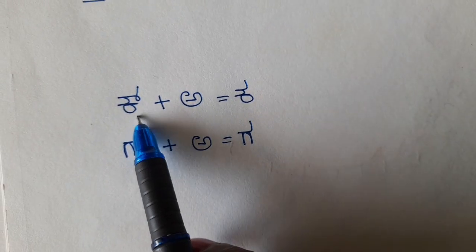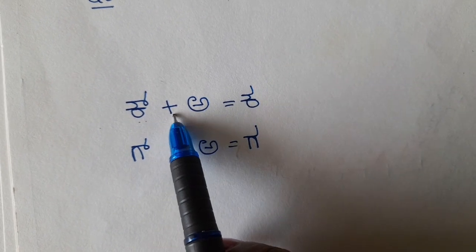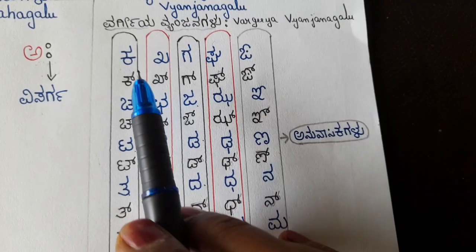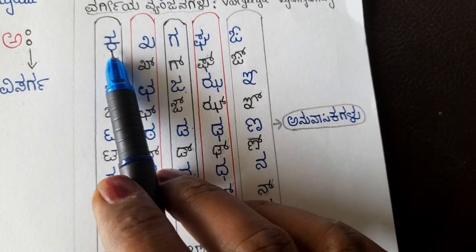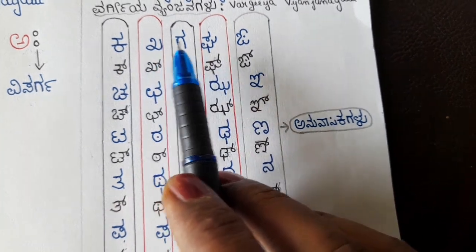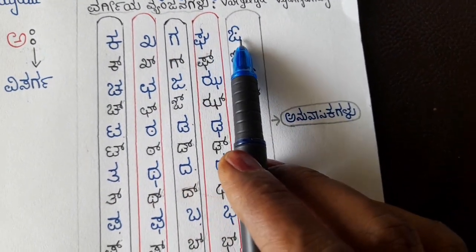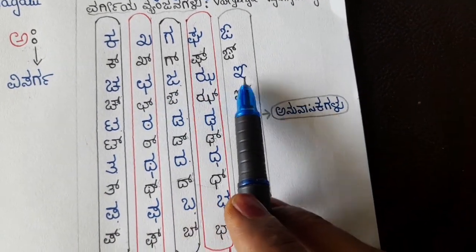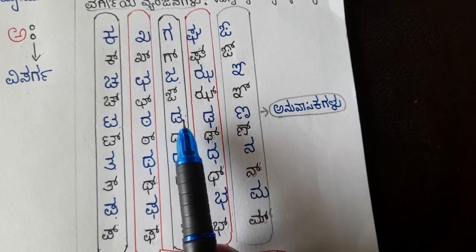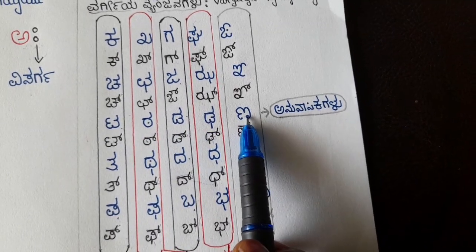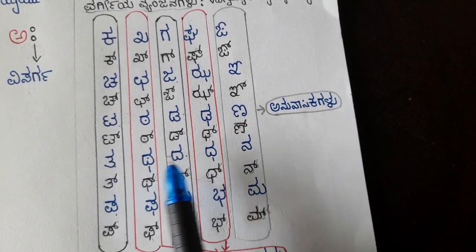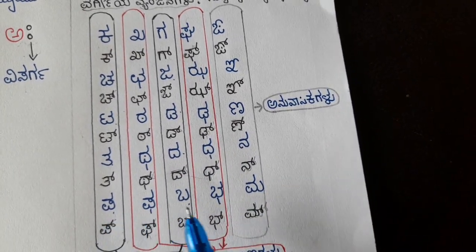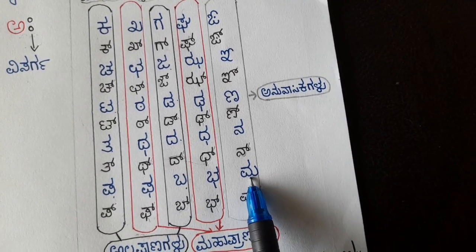Like this. Vyanjana plus Swara will give you the letter. So under Vyanjanagalu, we will read it as ka, kha, ga, gha, nya, cha, chha, ja, jha, nya, ta, tha, da, dha, na, pa, pha, ba, bha, ma.